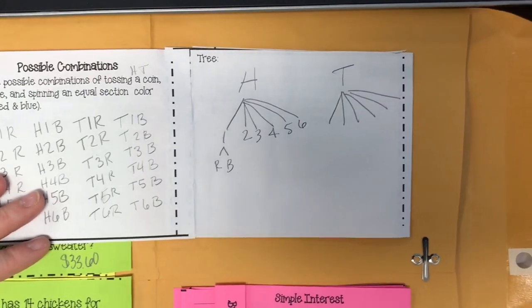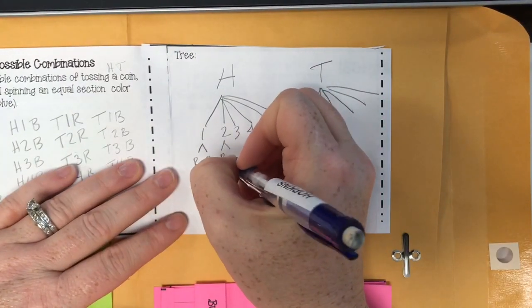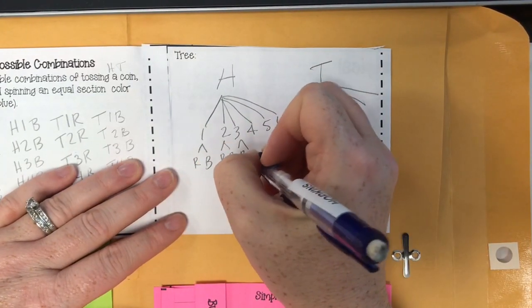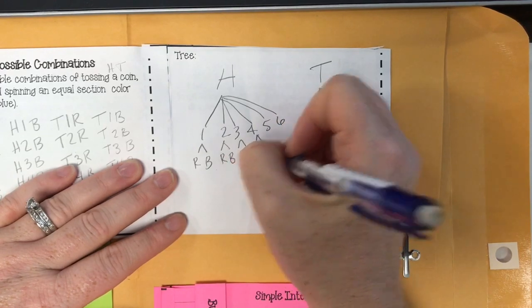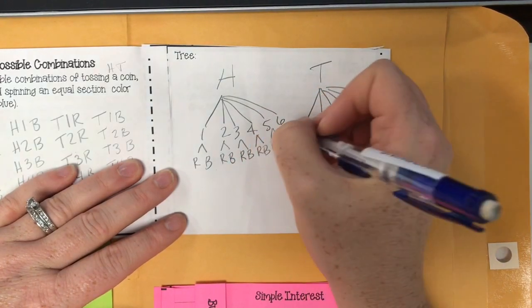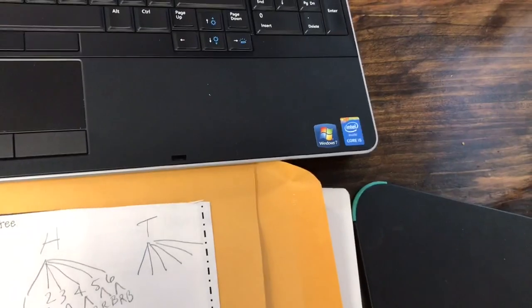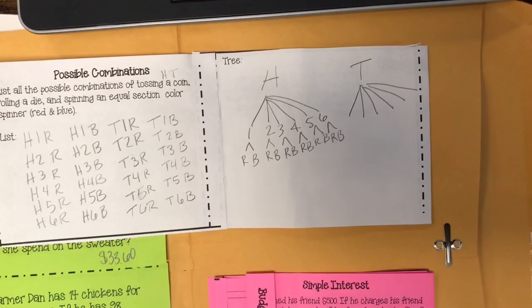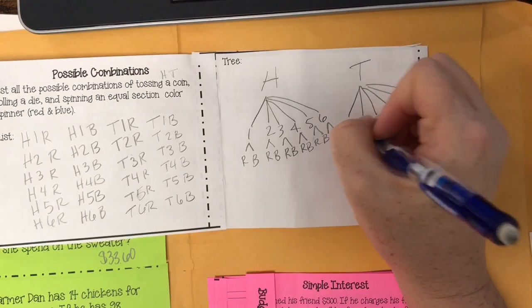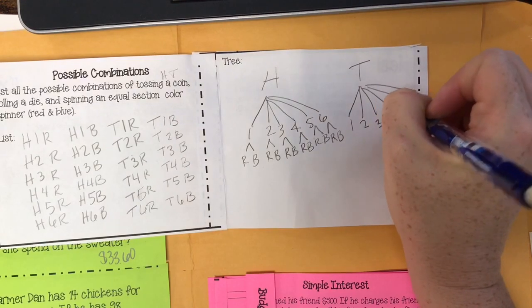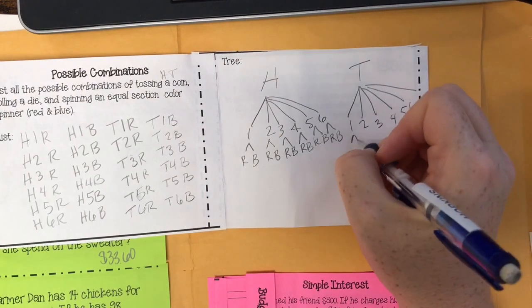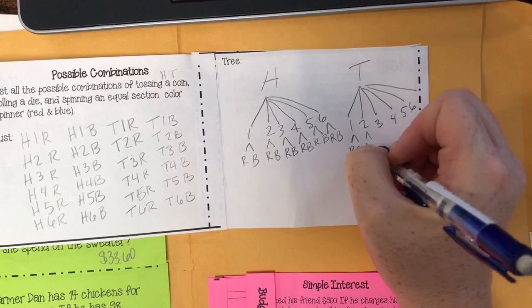I'm going to connect it through the screen right here. Okay, so 1, 2, 3, 4, 5, 6, and then red, blue on every one of those.